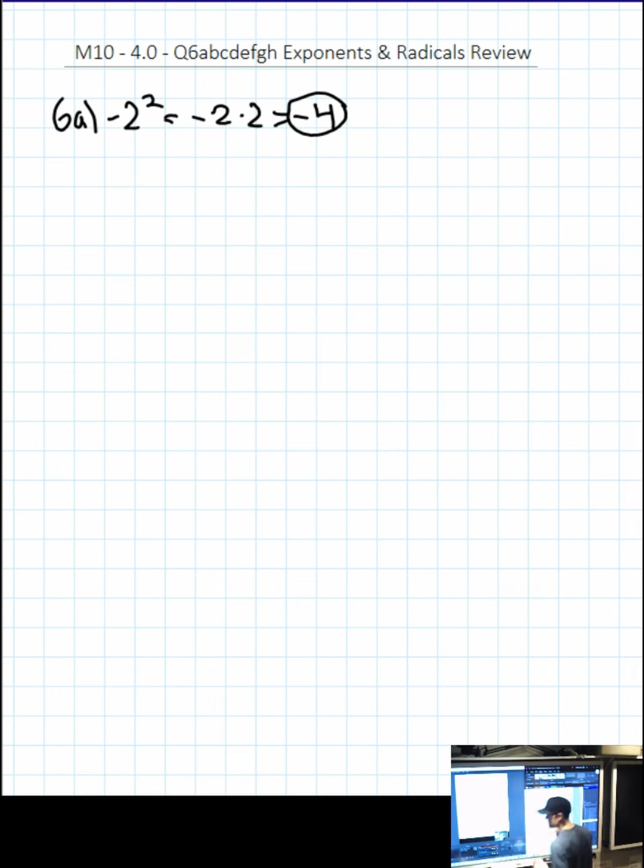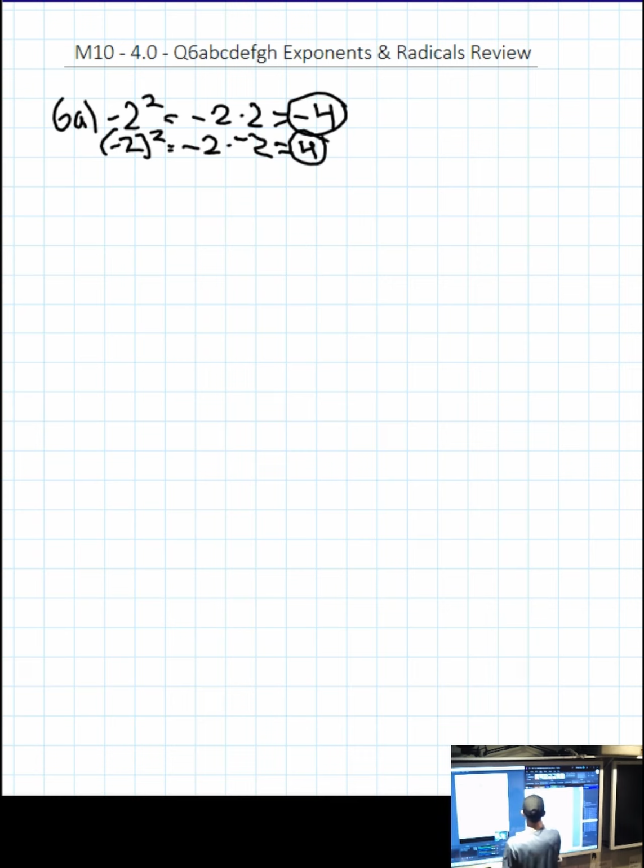So just because the exponent is even doesn't mean it always becomes positive. That negative is not being squared. For example, if it was like this, then that would mean that's -2 times -2, which would equal +4. But in the first part, the negative is not being squared.